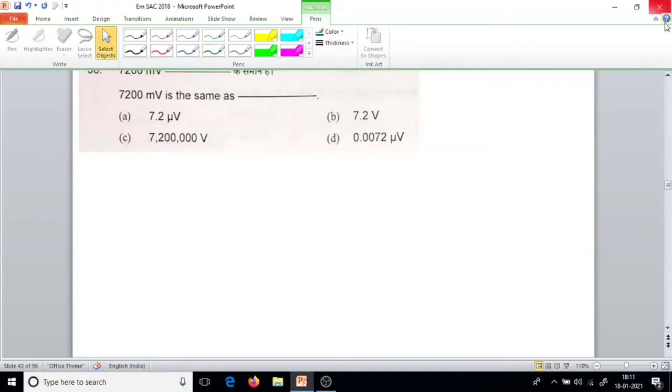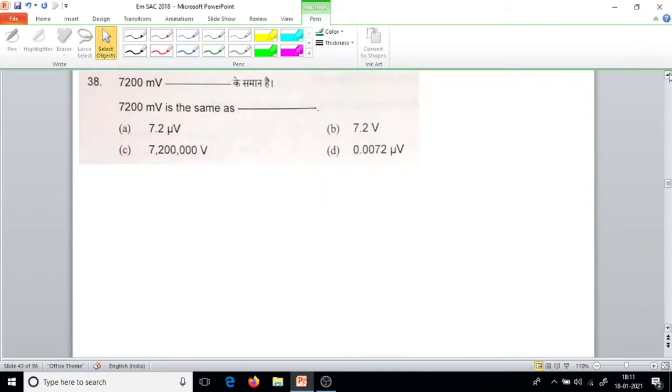Question number 38. 7,200 millivolt is the same as the voltage given, 7,200 millivolt. Now 1000 millivolt equals 1 volt.